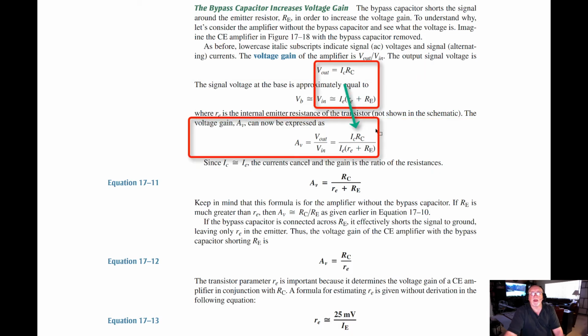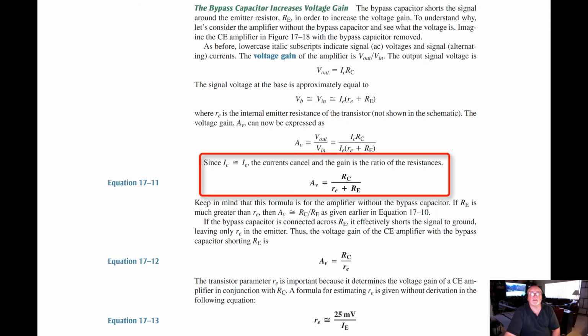We can expand it then to say, okay, well, V out is equal to the collector current times the voltage drop across the resistor, R sub C, and we just defined above Vin as I sub E times r sub E plus the drop across the emitter resistor. Since I sub C is approximately equal to I sub E, the currents cancel and the gain is the ratio of the resistances.